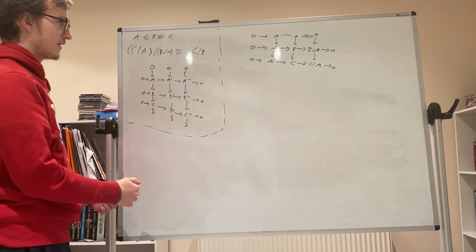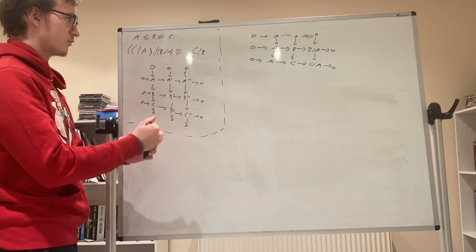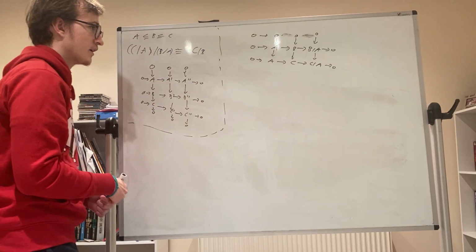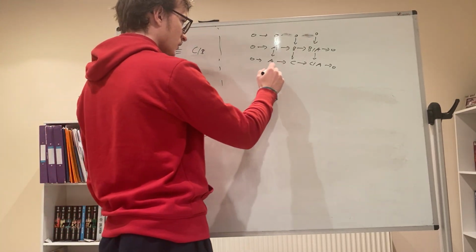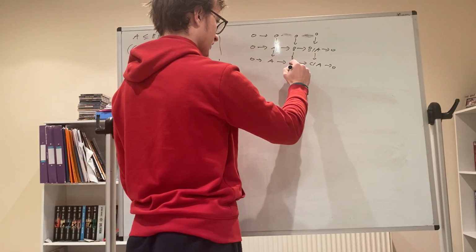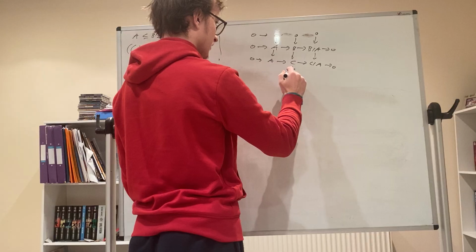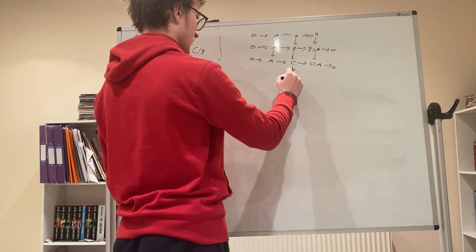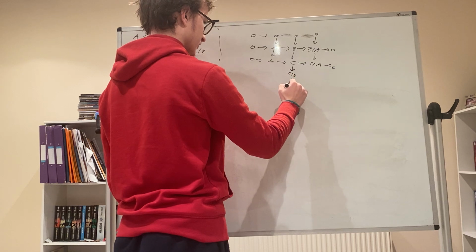So we want a short exact sequence where we have this term, surrounded by zeros. This term here we can easily get along this column. So we have C mod B, and again we go into 0.